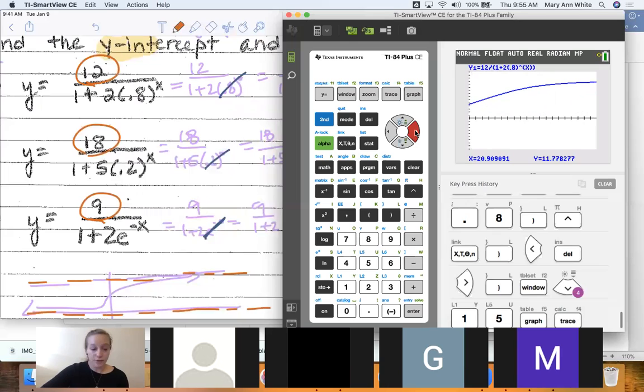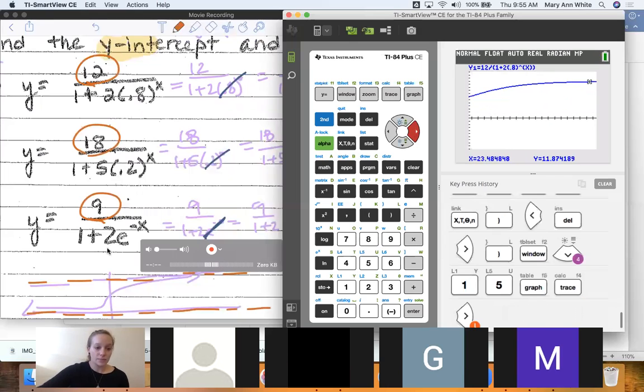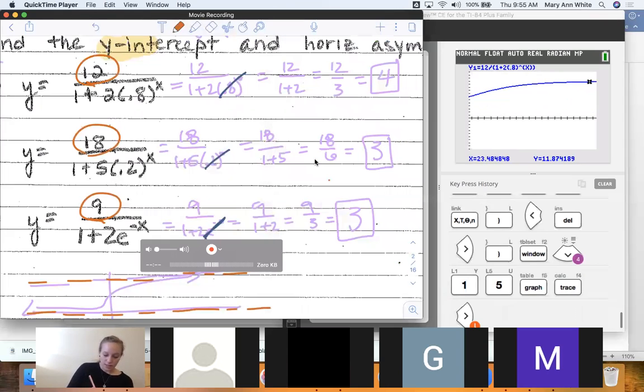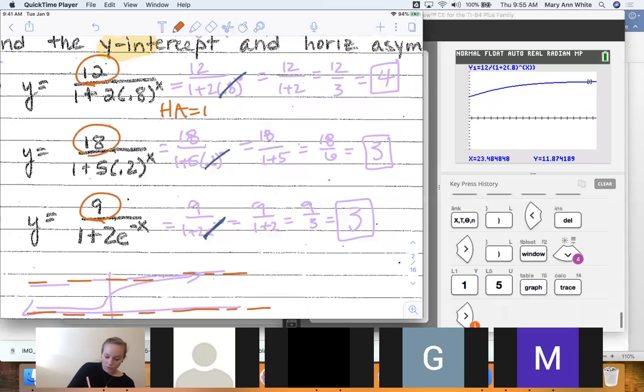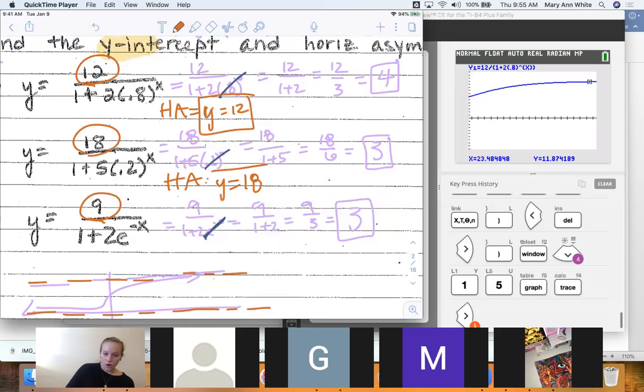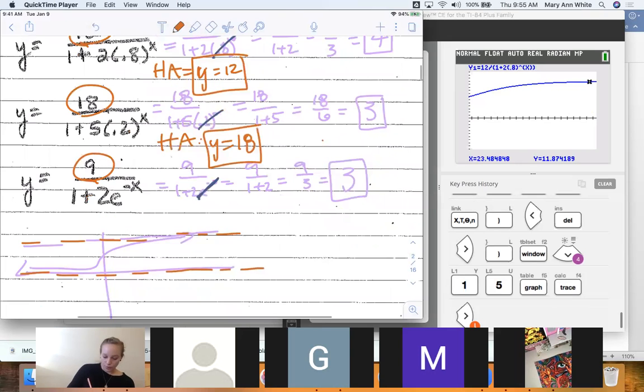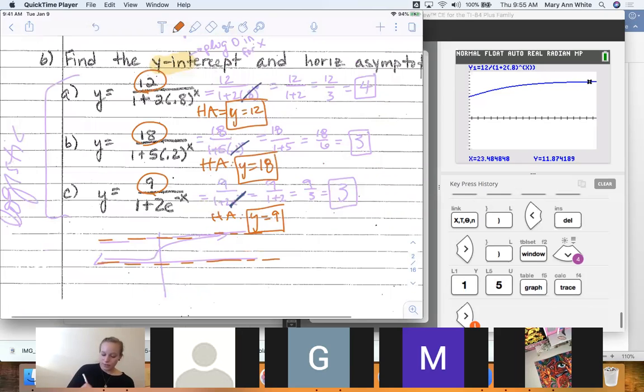You don't ever have to graph this. I just graphed it to prove a point, but your horizontal asymptote for all of these is just the numerator. My horizontal asymptote is at y equals 12. My horizontal asymptote is at y equals 18. Always, always, always, by rule. I know I'm almost done. So horizontal asymptote is the numerator.